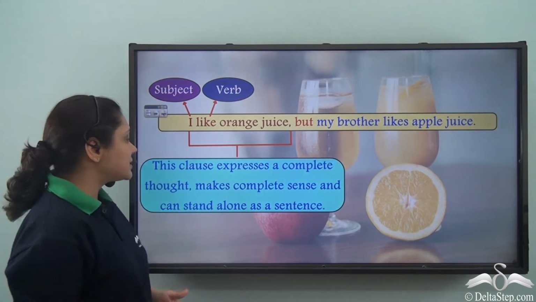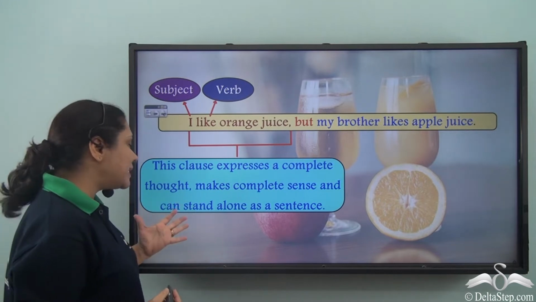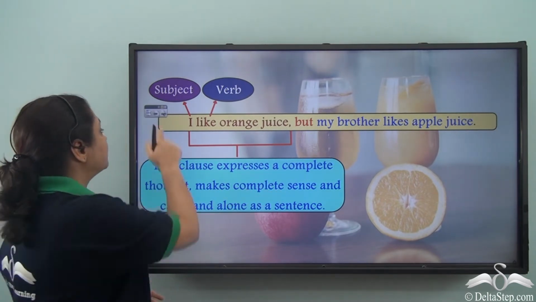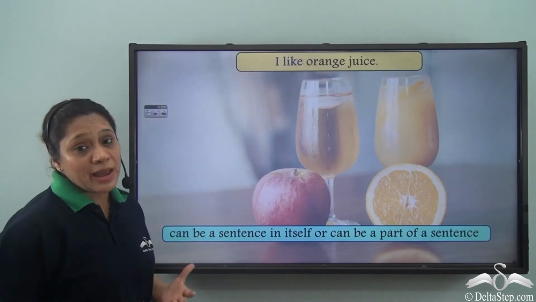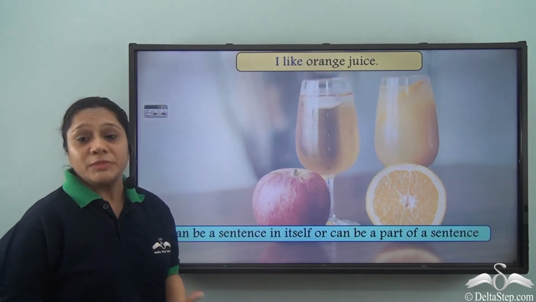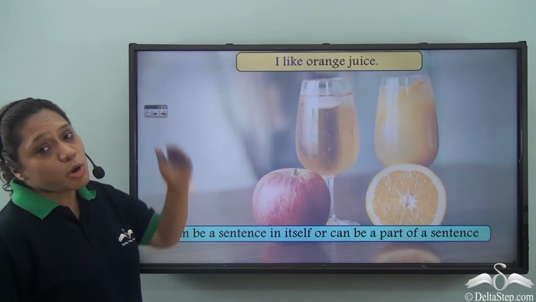Now this clause expresses a complete thought. It makes complete sense and can stand alone as a sentence. For example, you may have a sentence which reads, I like orange juice. Now this sentence makes complete sense. So what do we see?